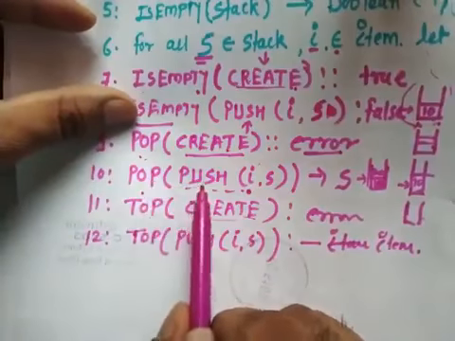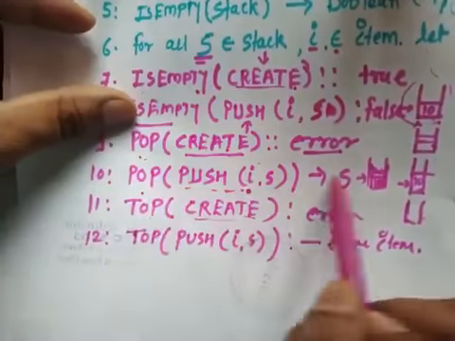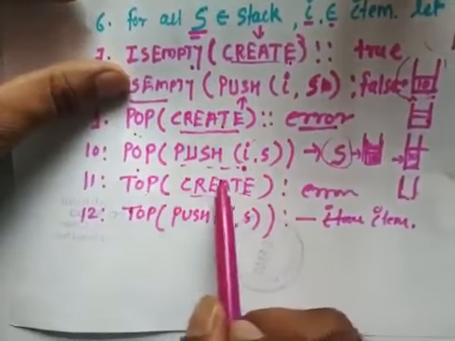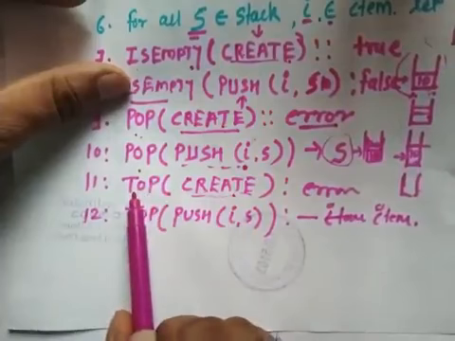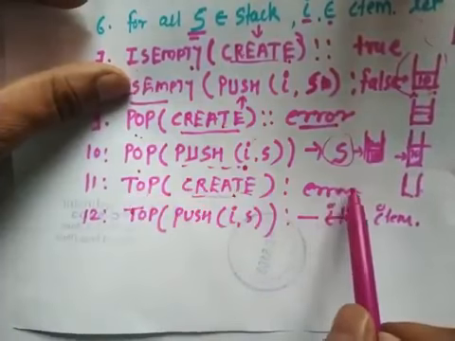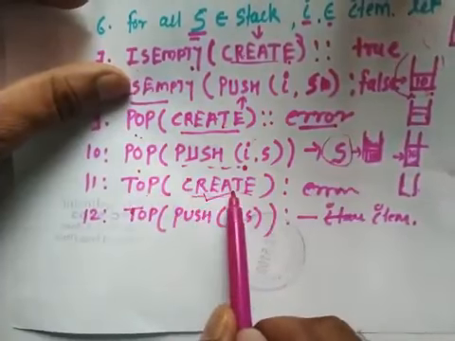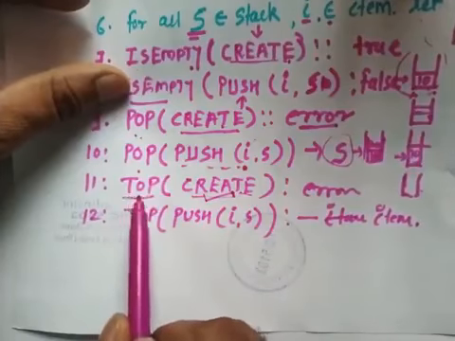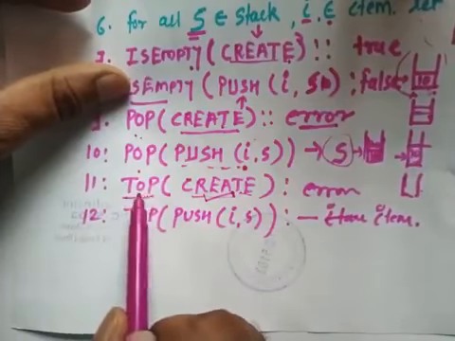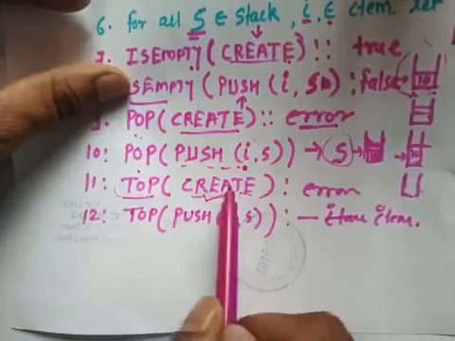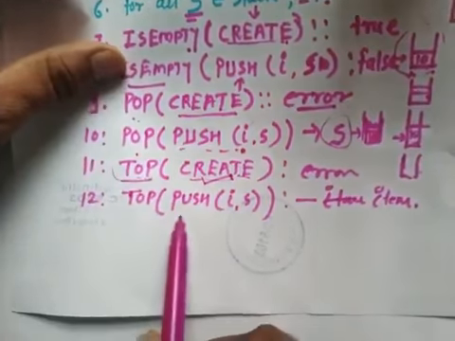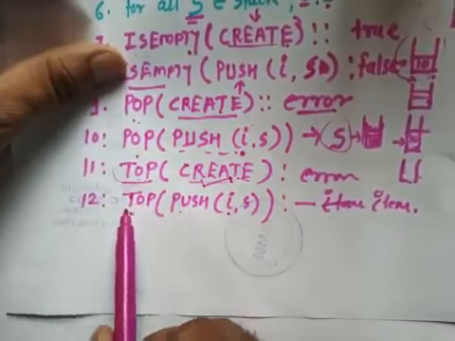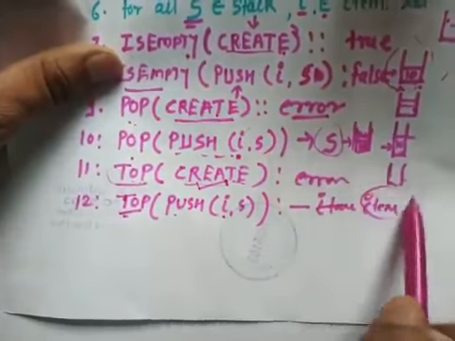If I pass the push operation to pop, it returns the updated stack. If I pass the create operation to top, it returns an error message, since that stack is an empty stack and we cannot return the topmost element. Likewise, if I pass the push operation to the top operation, it returns the topmost element of the stack.